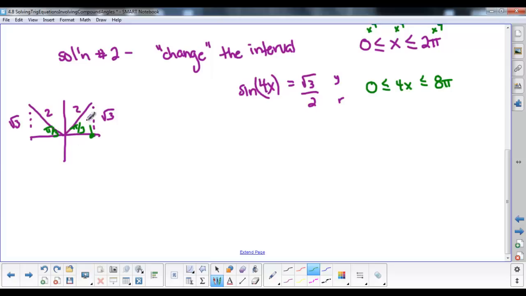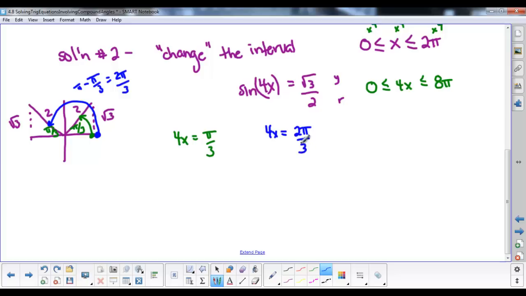Start at standard position and rotate counterclockwise. So my argument is equal to pi by 3. And we can get a second value here. Again, start at standard position and rotate counterclockwise. We almost went pi radians, but we stopped pi by 3 before that. So the value of this blue angle here would be 2 pi by 3. So my argument is equal to 2 pi by 3.